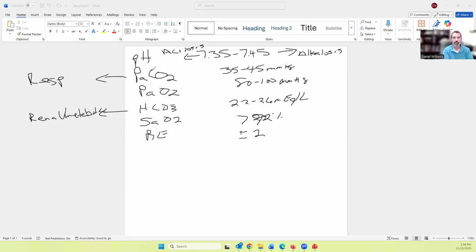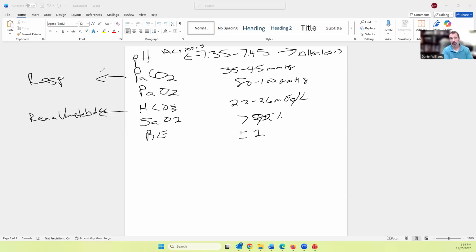If your ventilation is effective, then your CO2 will fall within the range of 35 to 45 millimeters of mercury. If your ventilation is overly effective, or you're hyperventilating, you'll be hypocarbic or hypocapnic. Your CO2 levels are going to be less than normal, less than 35 millimeters of mercury.